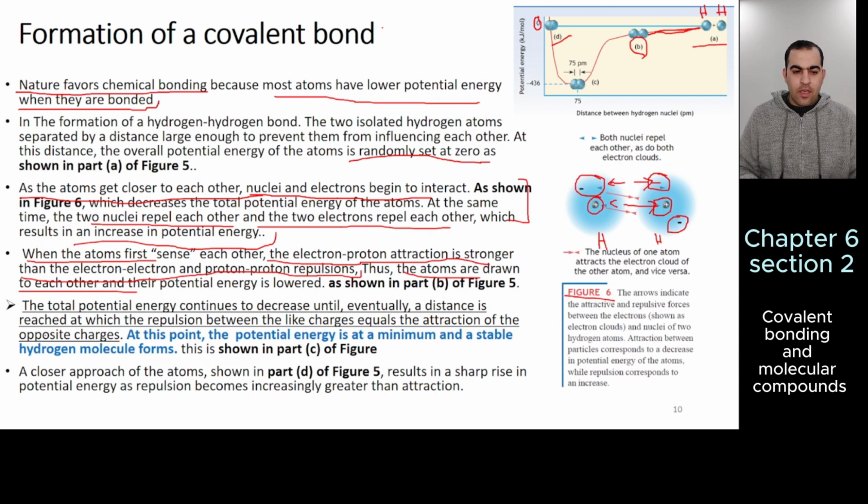Then the total potential energy continues to decrease because attraction is still more than repulsion. Attraction is more than repulsion, so this decrease in potential energy is going to continue. Eventually, a distance is reached at which the repulsion between the like charges equals the attraction of opposite charges.